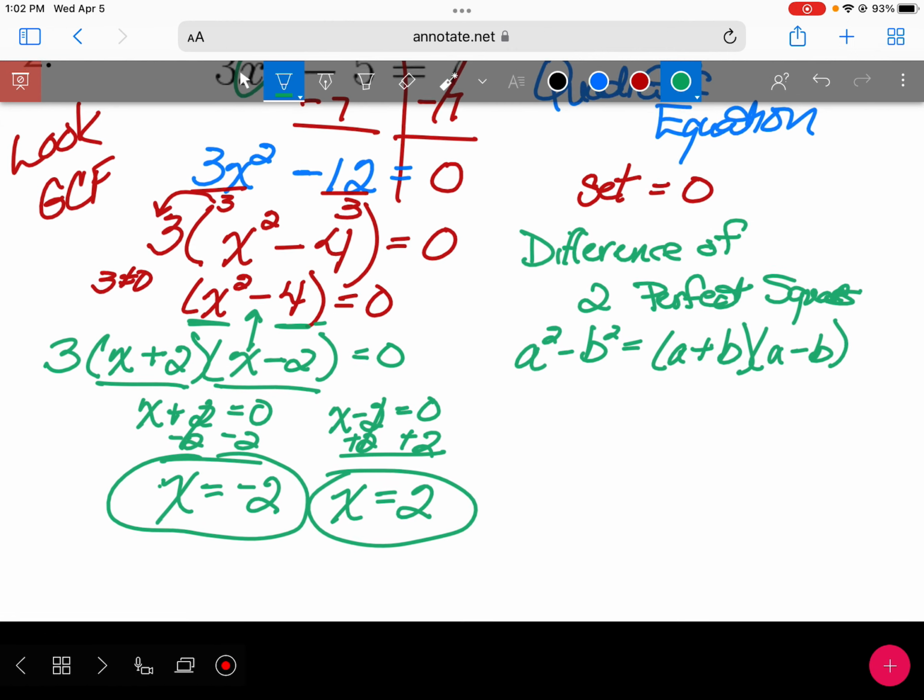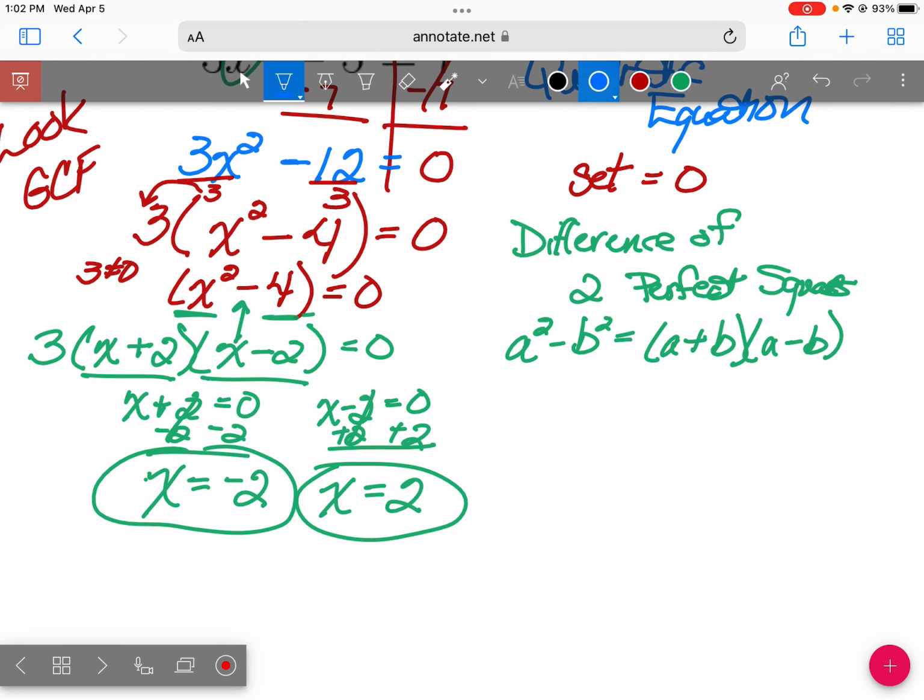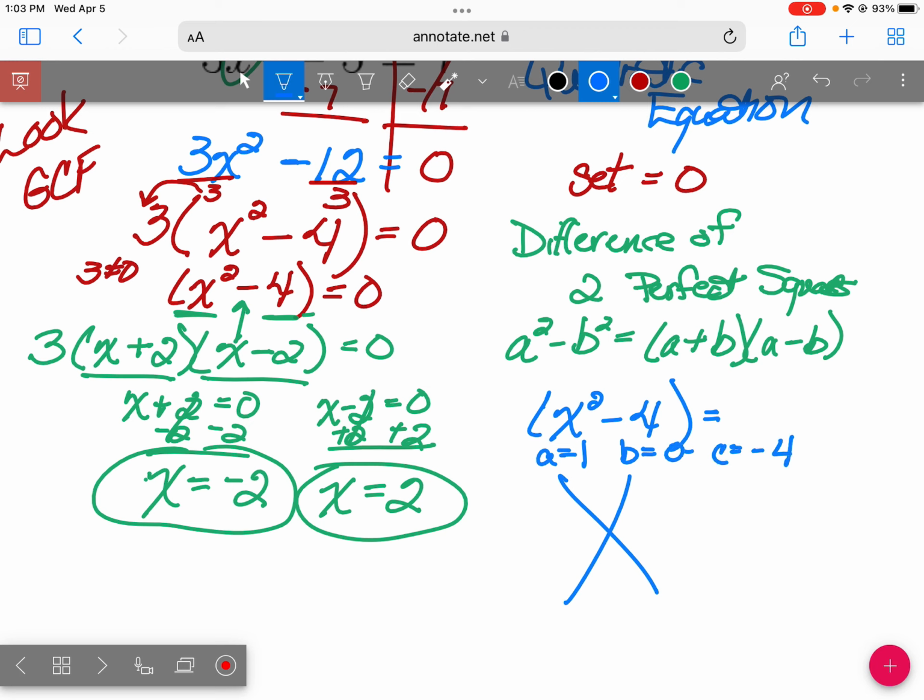If you did not know the shortcut and you had x squared minus 4, you can use a regular X box and say a is equal to 1. There is no x term, so you could say b is equal to 0 and c is equal to negative 4. a times c at the top would be -4. This would be 0, and you would get 2 and -2.